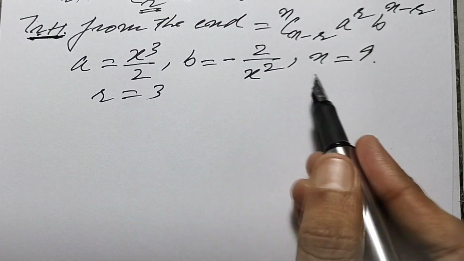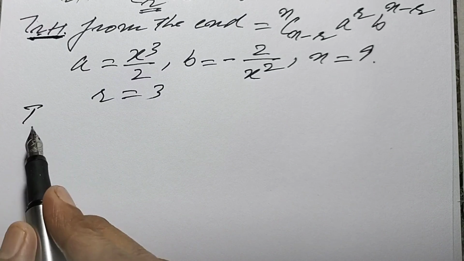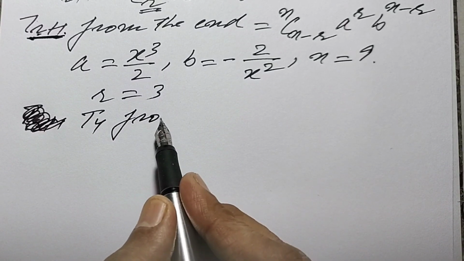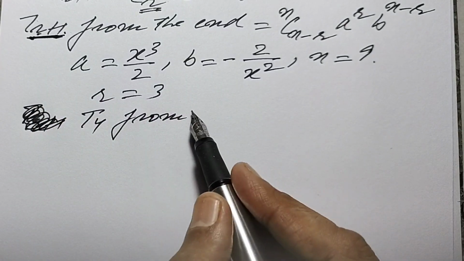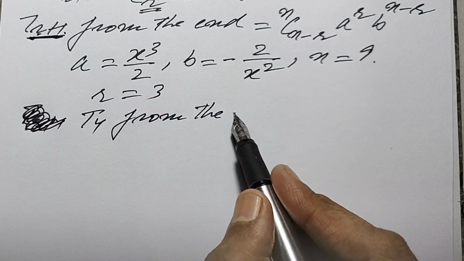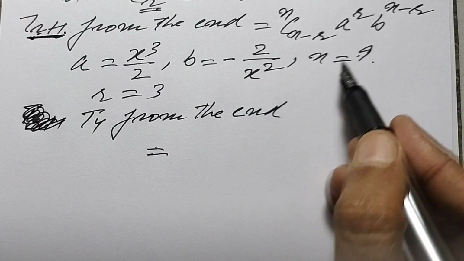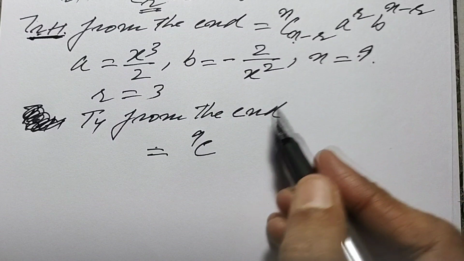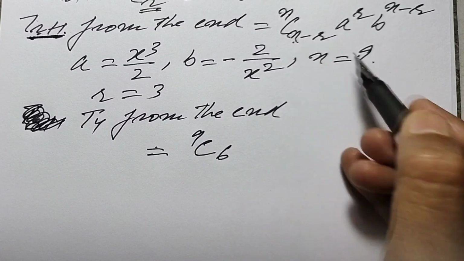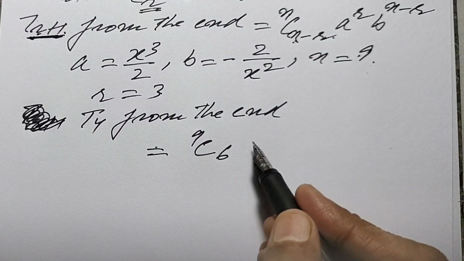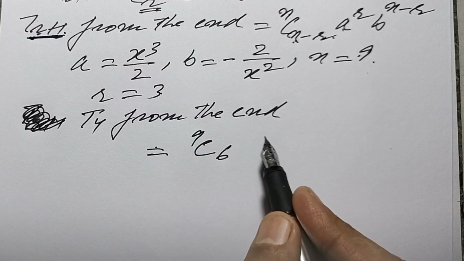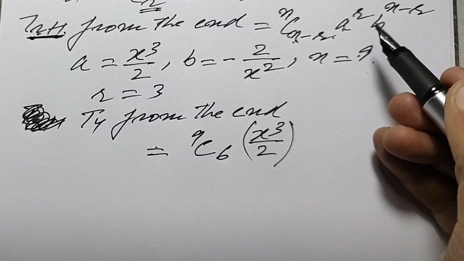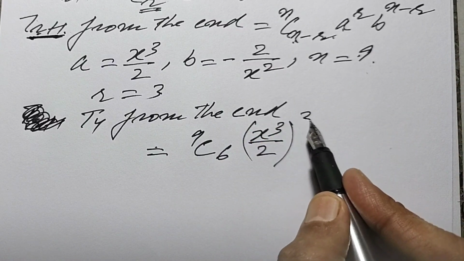So if we substitute these values in this identity, we write T(r+1), T4 from the end, because 3 plus 1 is 4. n is 9. Here 9 minus r, that is 6. n is 9 and r is 3, so 9 minus 3 is 6. And a is x cube upon 2, and its power is r, so r is 3.